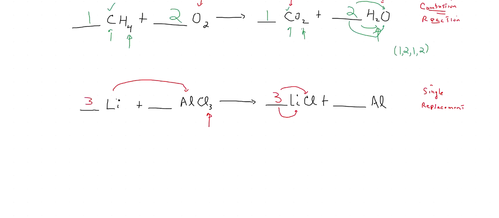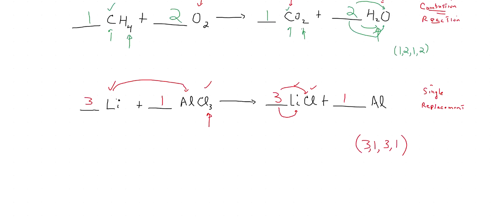So I have 3 lithiums, 3 chlorines, 3 lithiums, 3 chlorines, okay? And what about aluminum? Well, we only have one aluminum, so all I need is a 1 there and a 1 there. And it looks like it's balanced. So 3, 1, 3, 1. I believe those coefficients balance this equation, okay?